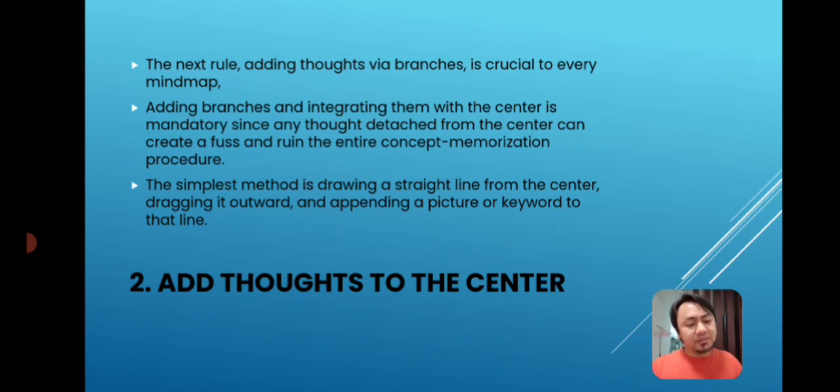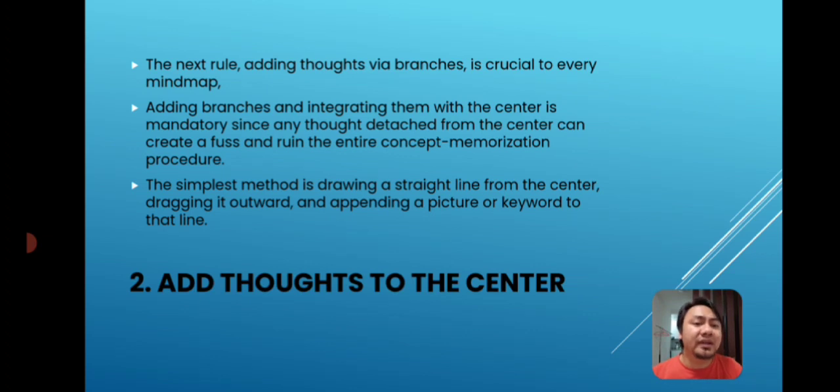So when we have a mind map, it's important to attach each branch to the center, so that when you look at the mind map, you can see how the ideas relate to one another. From the center, the idea relates to this particular branch, moving to that branch, moving to this branch. When you do that, you can actually see and understand the mind map.